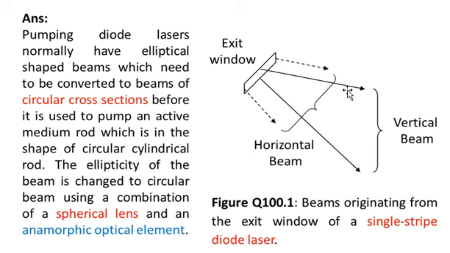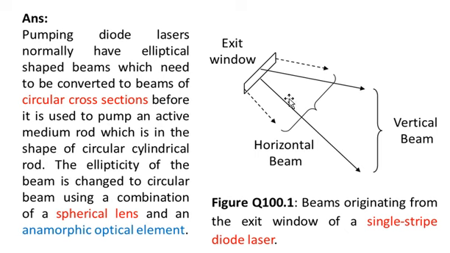The divergence angle that I am going to refer to in the next few pages: the divergence of the vertical beam will be indicated by theta perpendicular, whereas the divergence of the horizontal beam will be indicated by the angle theta parallel. So we shall be talking about two beams from the exit window.